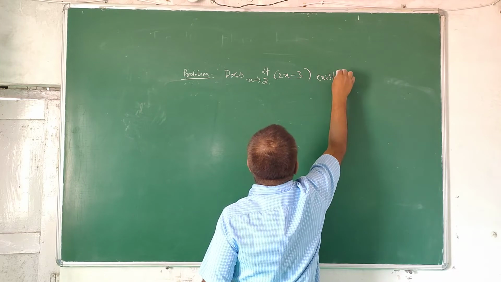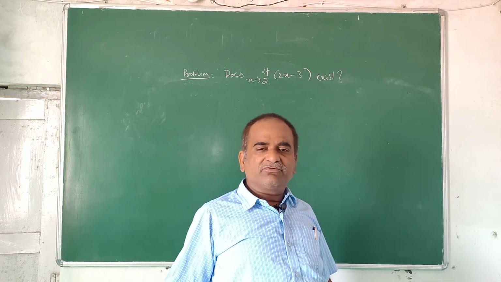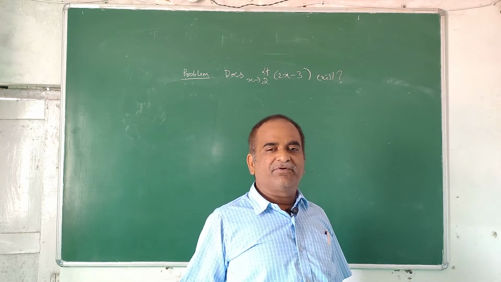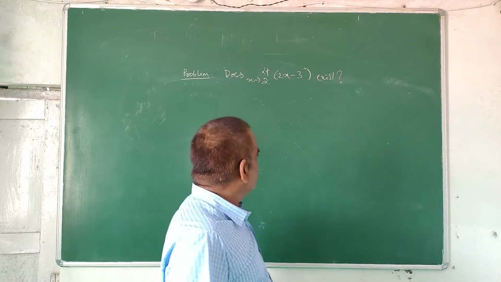This is a question. So now we have to check. Left hand limit you have to find out, right hand limit you have to find out. You should see whether they are equal or not. Accordingly you have to conclude.